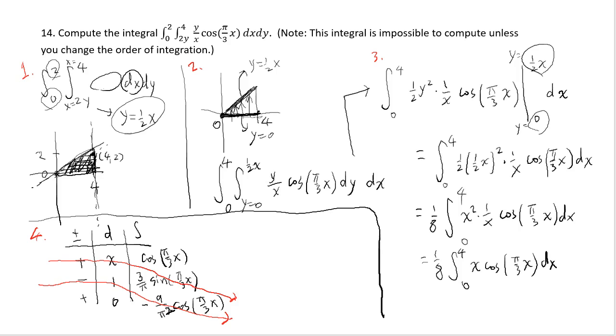Alright, that gives you the following result, the integral being x times 3 over pi sine pi over 3x. Okay, and then minus times minus plus, so it's 9 over pi squared cosine pi over 3x. Okay. You add them up, and that's it.